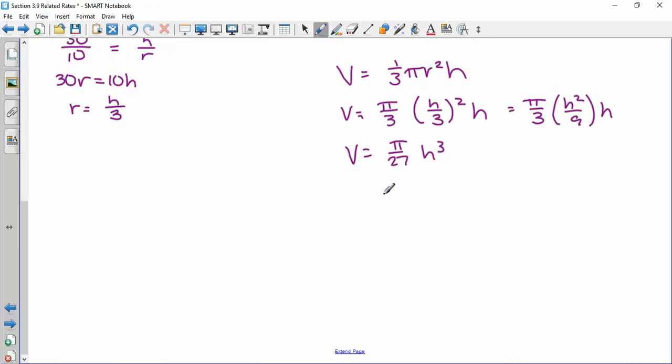Now we can do the derivative. So derivative of V would be, here, I bring down my 3, so pi over 27 times 3.